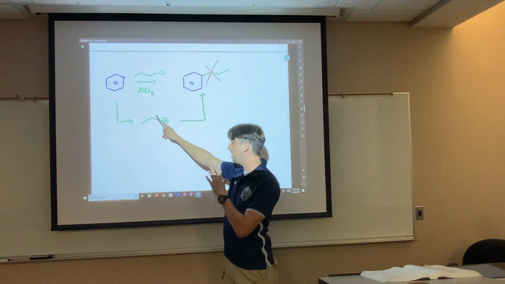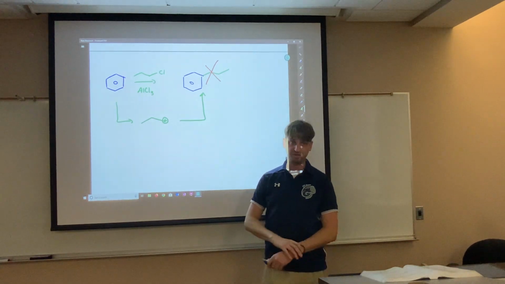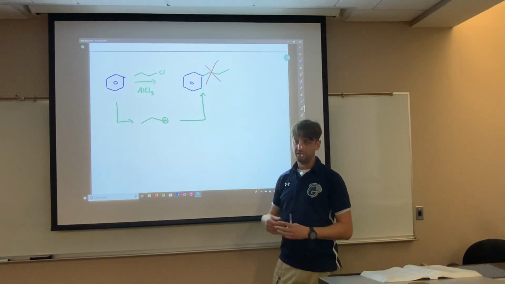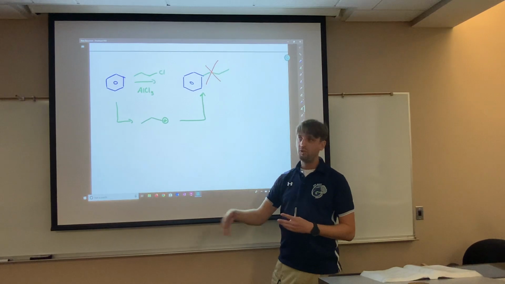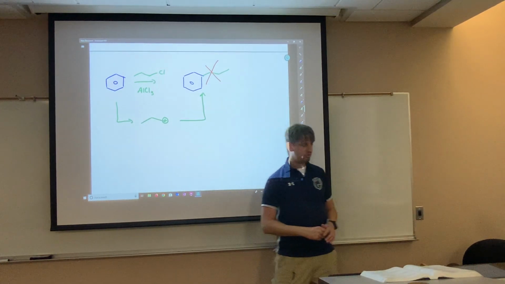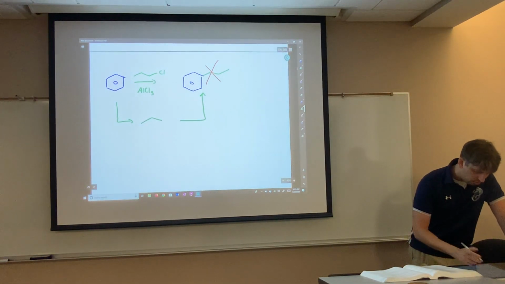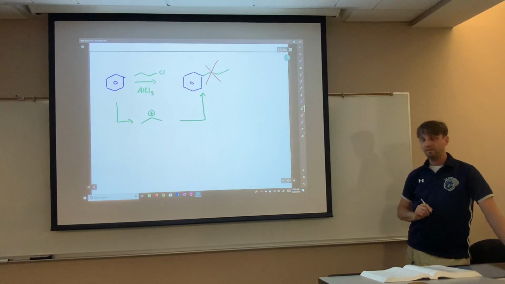But this is a primary carbocation. Is this going to happen? Not under these conditions. Remember, carbocations only form if there's something that's stable. So what's actually going to happen is a rearrangement, to where what we really end up forming is this here.